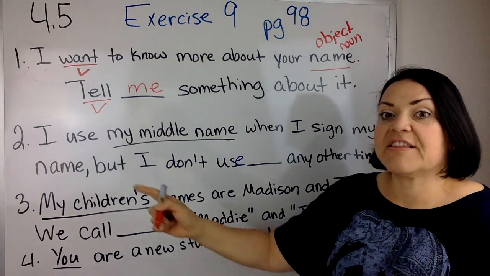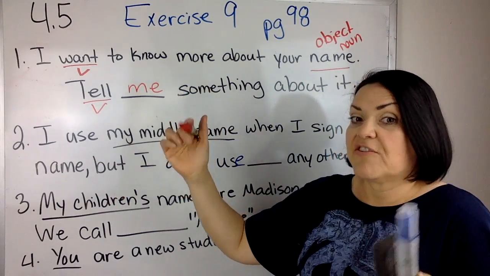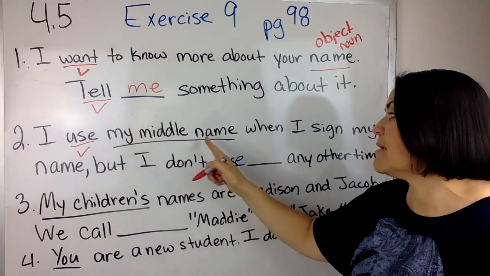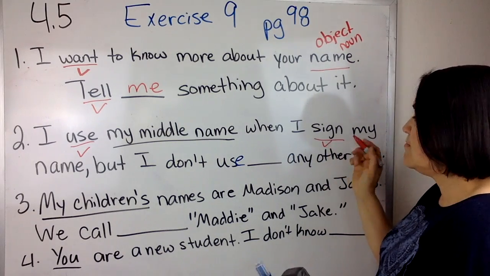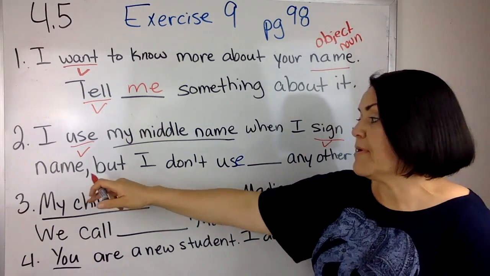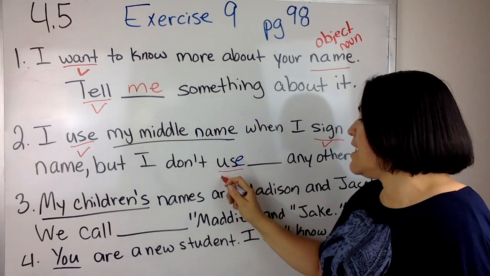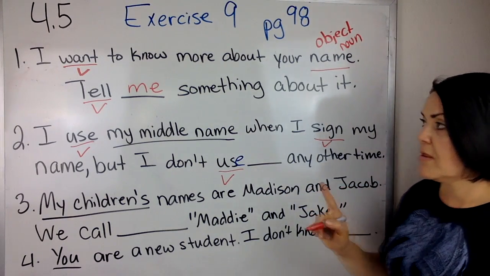So let's find the verb of the first sentence. We'll find all the verbs. I use, that's the verb. My middle name when I sign, so there's another verb, my name. But I don't use, this is the other verb, any other time.